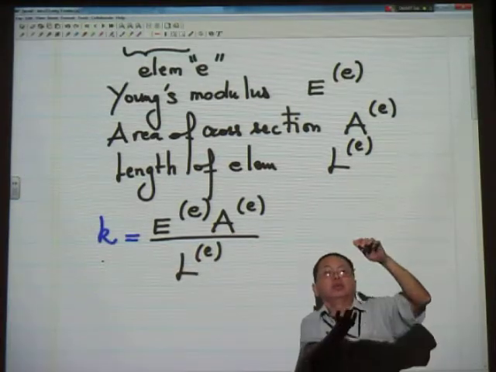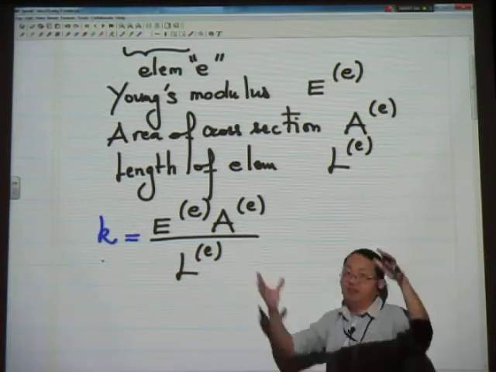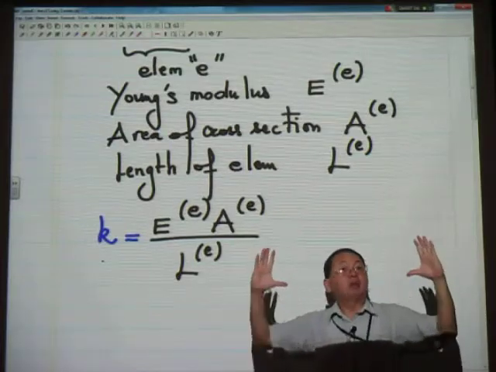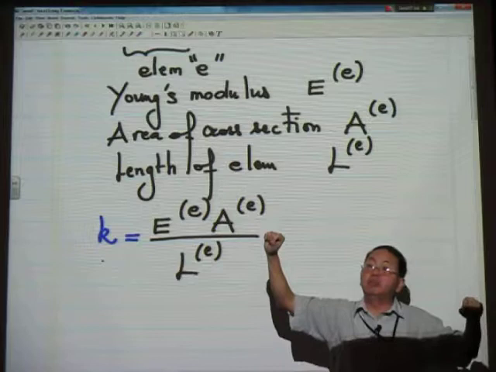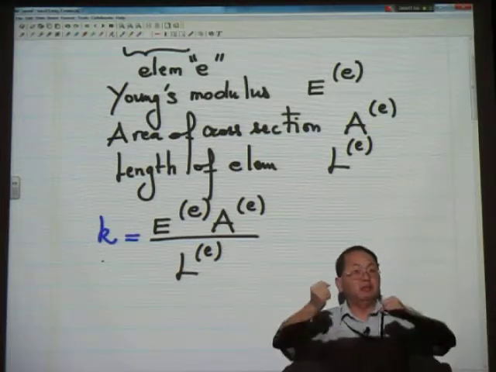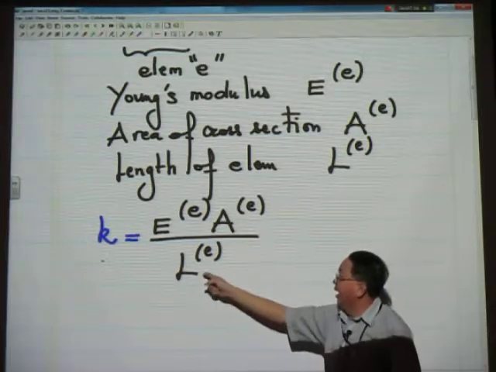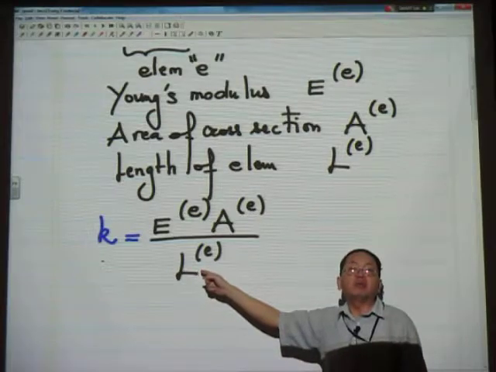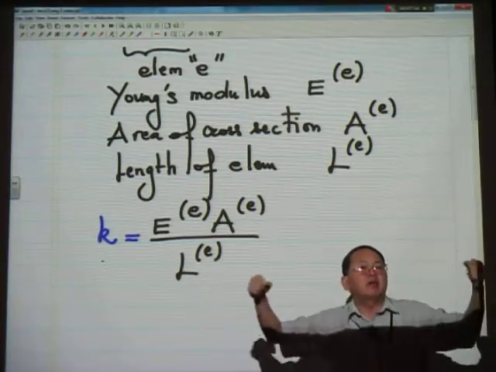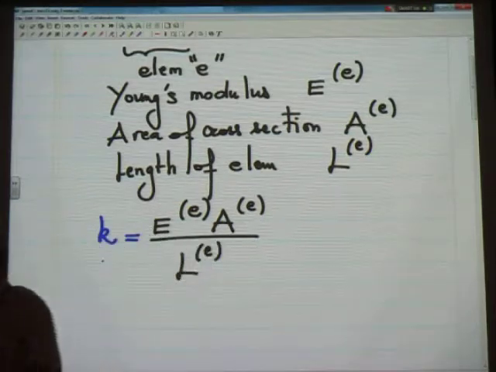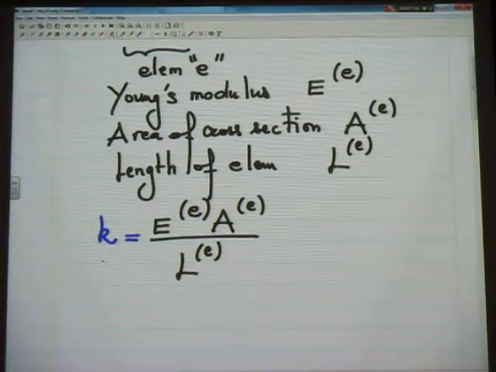The spring constant would be larger if you have a larger area of the cross section. For example, for a cable on a suspension bridge, the larger the diameter, the stronger the cable. And it is inversely proportional to the length. For a longer element, the spring constant would be weaker. Okay, so that's the physical meaning.